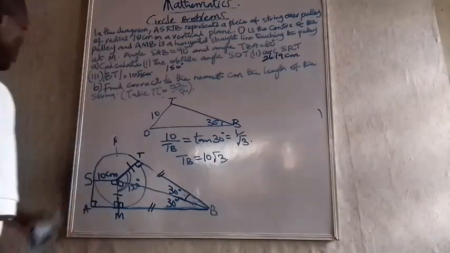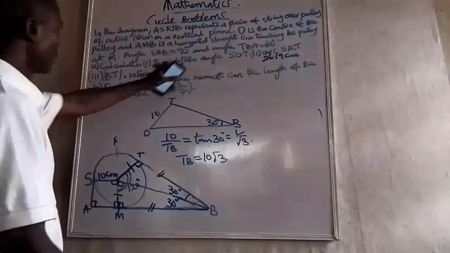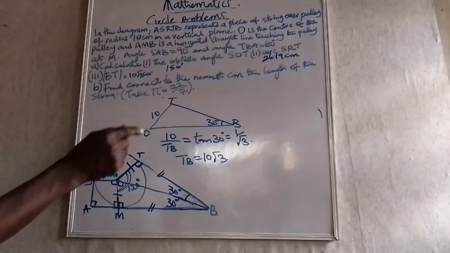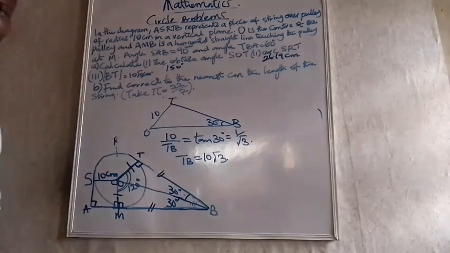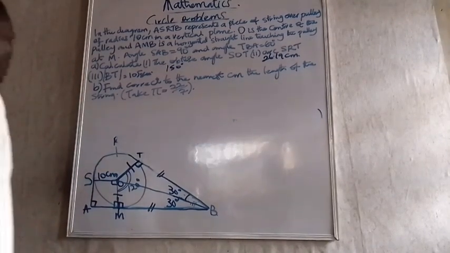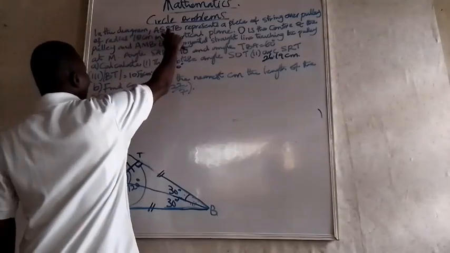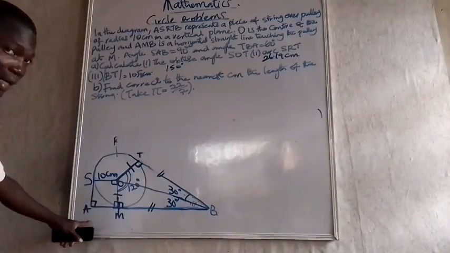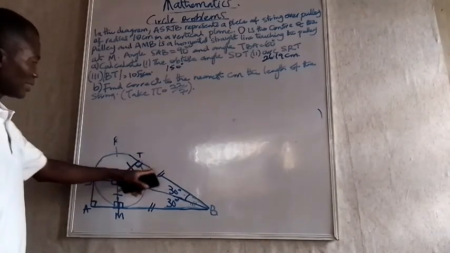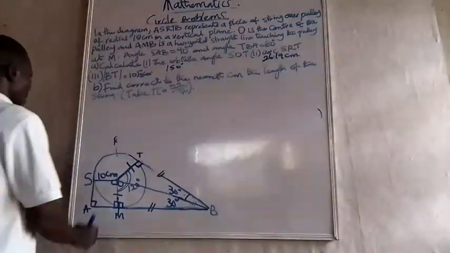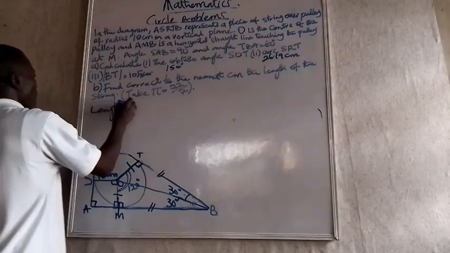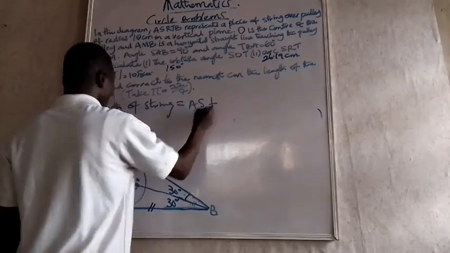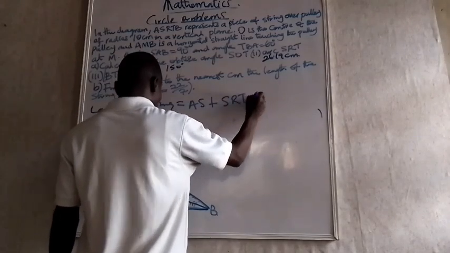So we have already gotten the value for the A part. Now we have to calculate to the nearest centimeter the length of the string. From the question, we are told that ASRTB represents a piece of string. That is, we are going to find the total length from A to S to R to T to B. So the length of string will be equal to AS plus SRT plus TB.